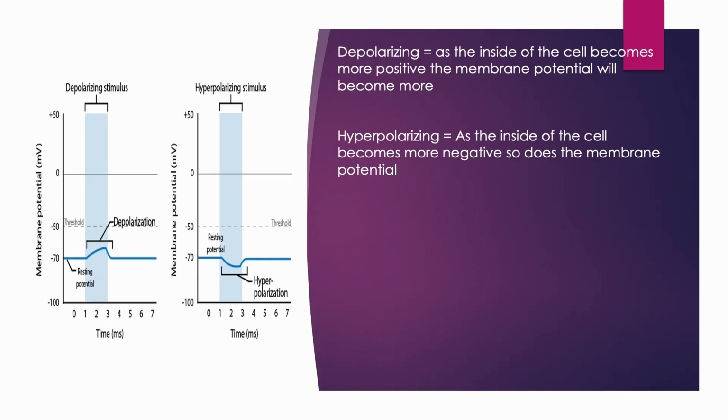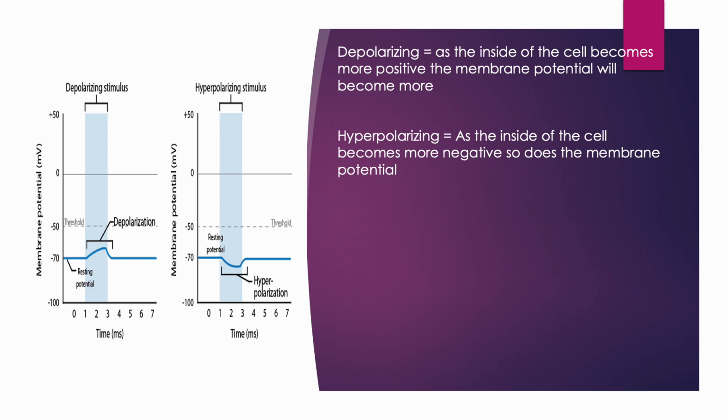Where a cell is depolarized, it moves closer to zero, so it gets higher, and this is really important because we refer to this change, or the momentum and direction of change, as excitatory. So it moves closer to zero. For example, when a sodium ion flows into the cell, the inside of the cell becomes more positive.